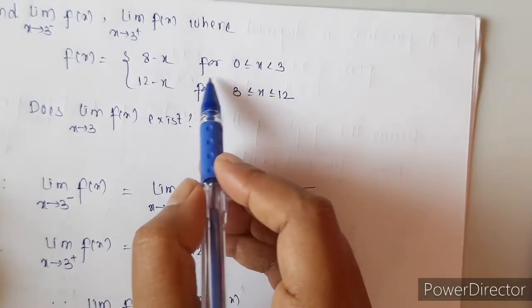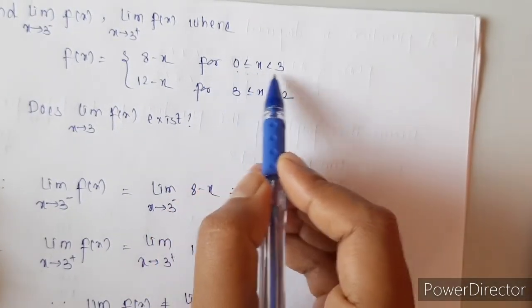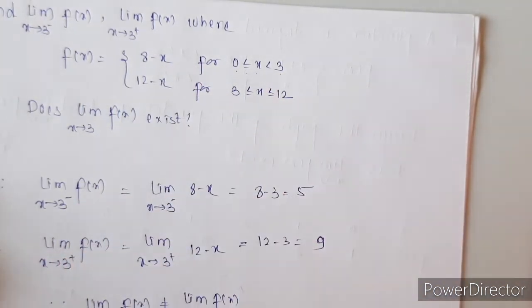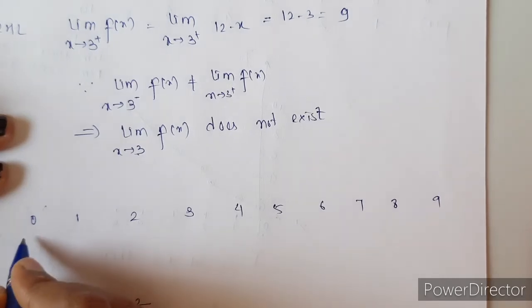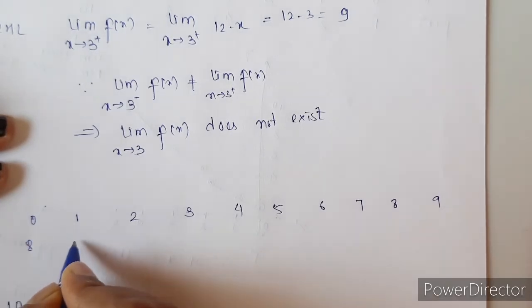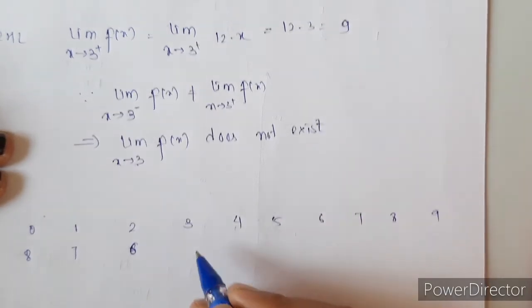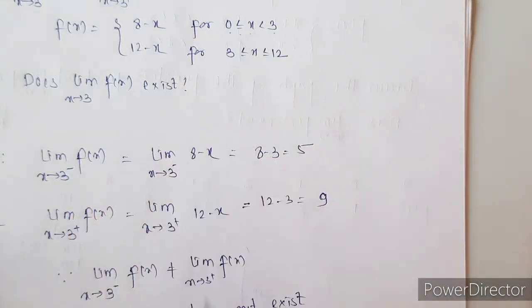What is our x? For x from 0 till strictly less than 3, it is 8 minus x. So for 0, it is 8 minus 0, then 8 minus 1, 8 minus 2 is 6. For 3, it is the next function, that is 12 minus x.